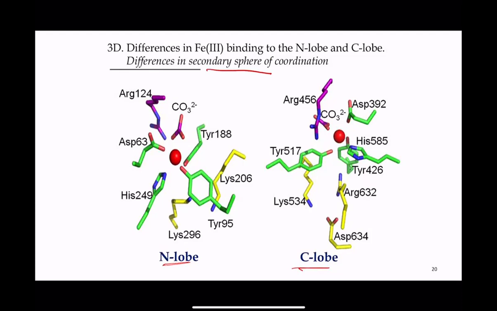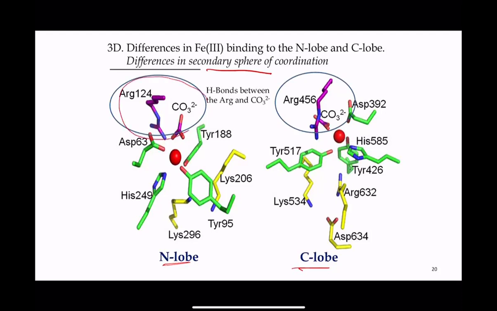So on one level, we can see where we have an interaction that may be modulating the stability of this. And that has to do with the carbonate, which is the synergistic anion. It turns out that the carbonate has its own little binding pocket. It has an affiliation with the arginines that are located nearby the metal binding site.